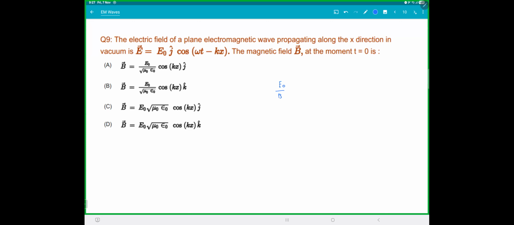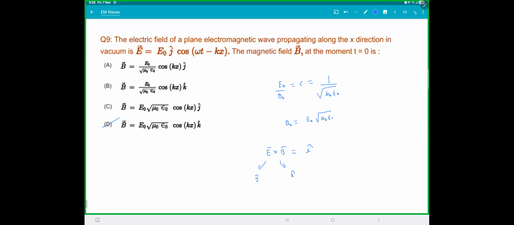E naught by B naught is C, but C is 1 by root over mu naught epsilon naught. So B naught must be E naught into root mu naught epsilon naught. So it's either C or D. E cross B, the wave is traveling as omega t minus kx, meaning it's an I cap. E bar is J cap. So this should be K cap. D option. Clear this.